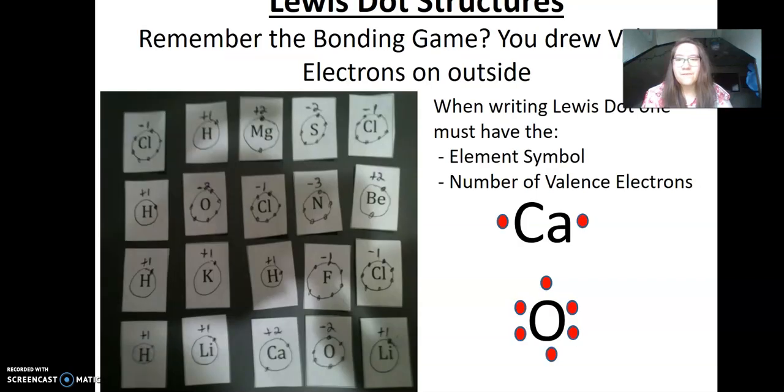Some sort of, I guess the word is subtlety, is that when you're drawing a Lewis dot, you are going to try and put them on opposite sides. So if we're drawing oxygen here, you're going to draw this dot first, then this one, then this one, then this one, and then you start giving them pairs.